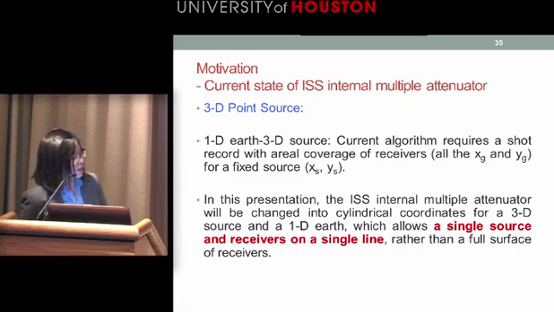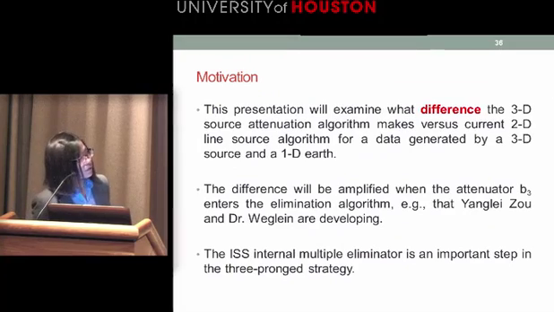In this presentation, the ISS internal multiple attenuator will be changed into cylindrical coordinates for 3D source and 1D Earth, which allows a single source and the receivers on a single line, rather than full area coverage of receivers. And also this presentation will examine what difference the 3D source attenuation, this reduced form, makes versus the current 2D line source algorithm for data generated by 3D source and 1D Earth.